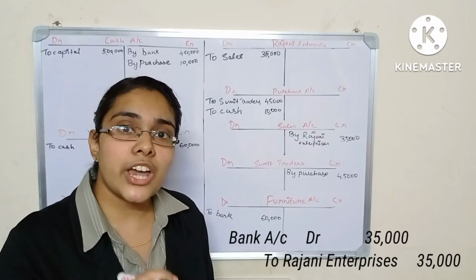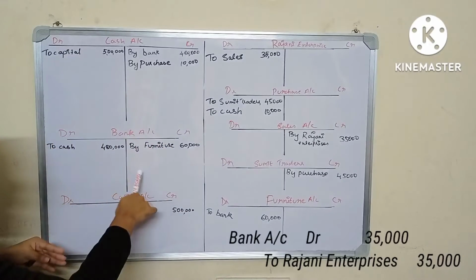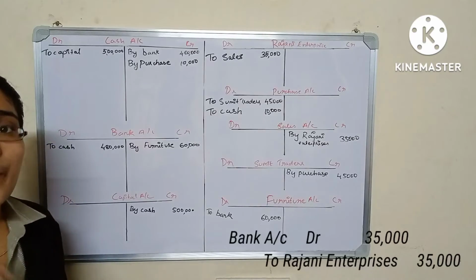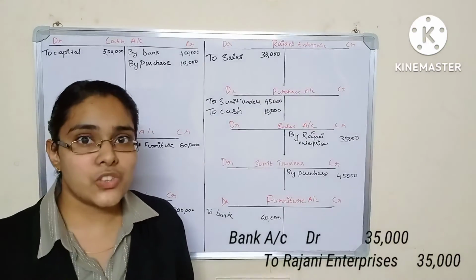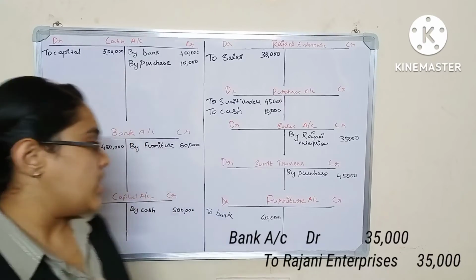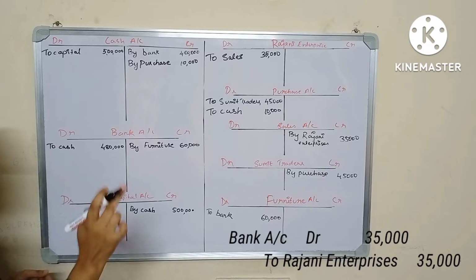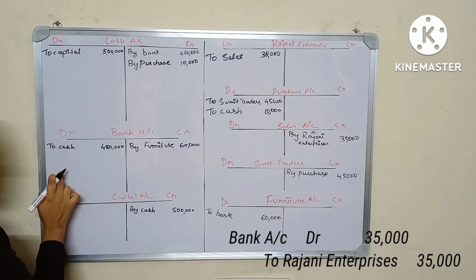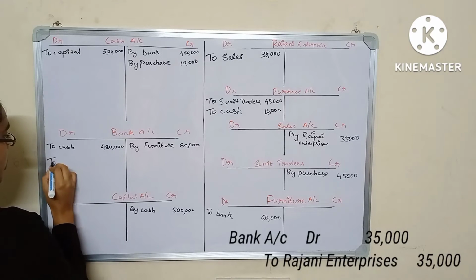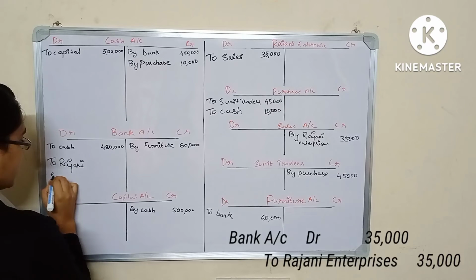So which account will appear? Bank account will appear. So bank account debtor to Rajani Enterprises, that will be the journal entry. The bank account has been debited, so you will go to the debit side of the bank account and you will write to Rajani Enterprise.